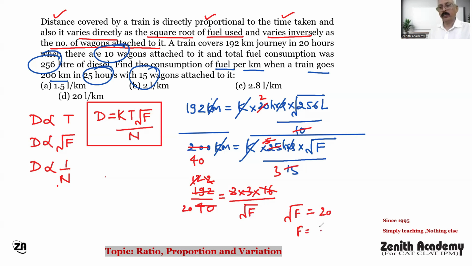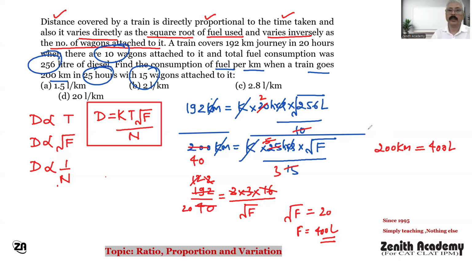So F is going to be 400 liters. So now 400 liters of diesel used to cover a distance of 200 kilometers. So for 200 kilometers, you consumed 400 liters of fuel.